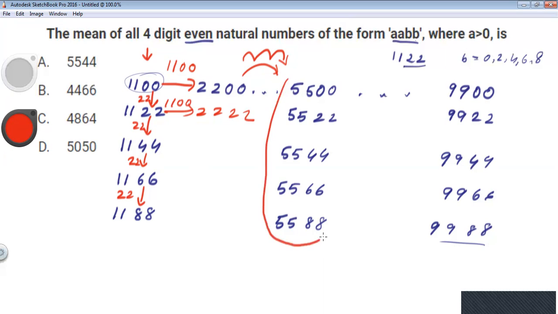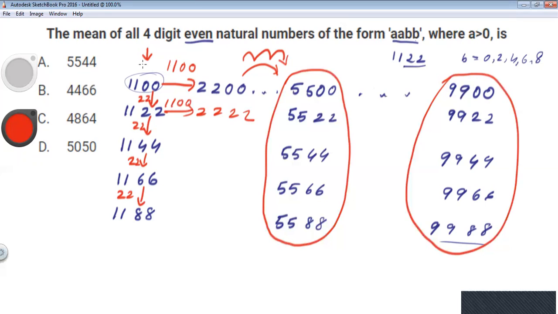This is the last column, and this is our first column. So there are 9 columns, and the middle one of the 9 columns is the fifth one. Since they're equidistant, the fifth column is where we are going to get the mean.